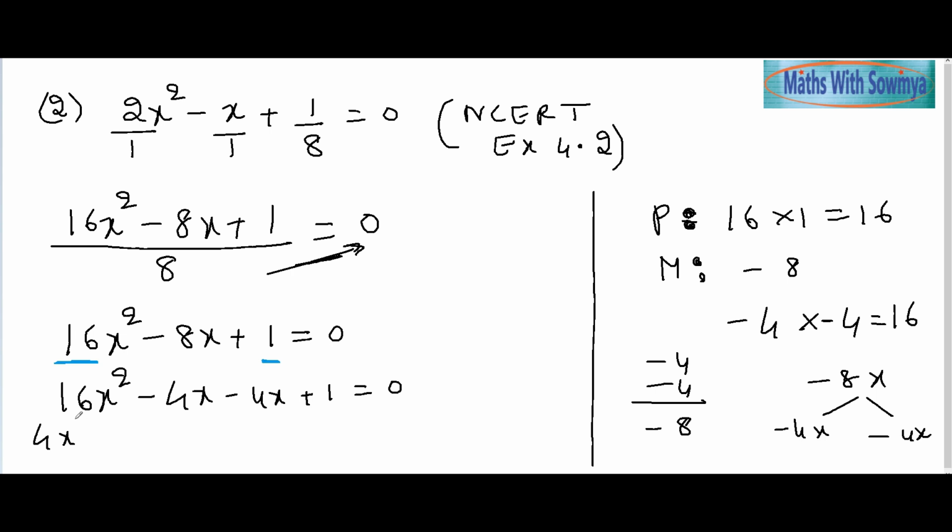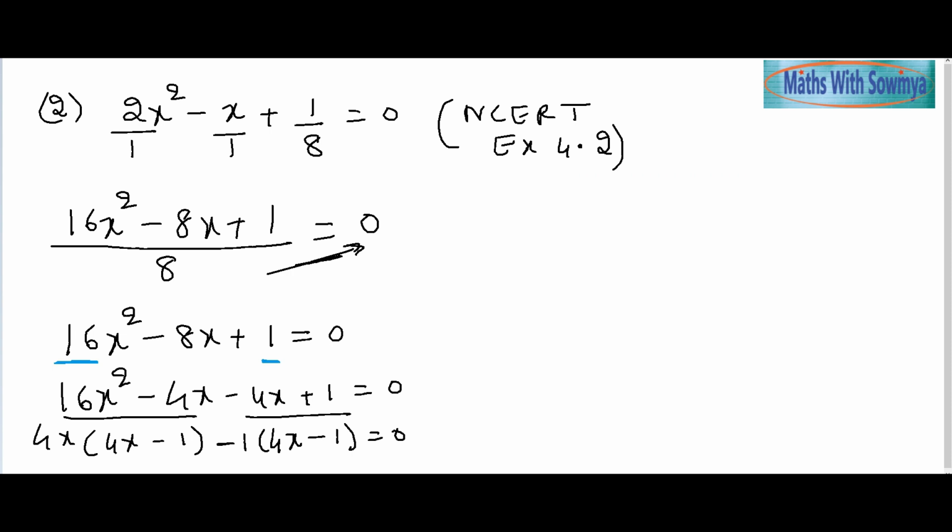4x, you take the common factor between these two. This is 4x minus 1. Here I take minus 1 common. Nothing is there, you can take minus 1. This will give you, because minus and minus will give you plus, minus 1. Now, 4x minus 1 is the common factor we got here.